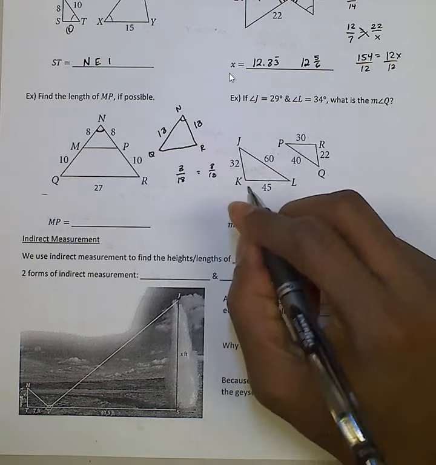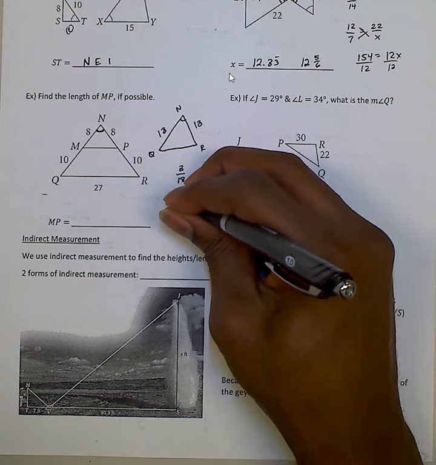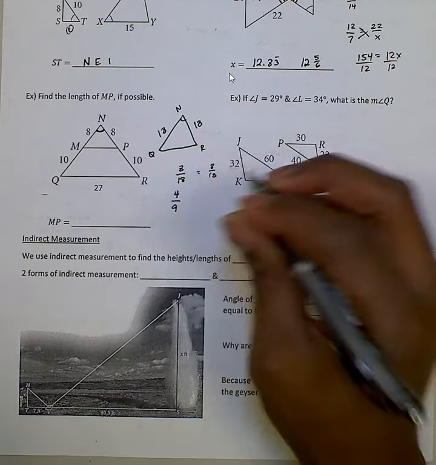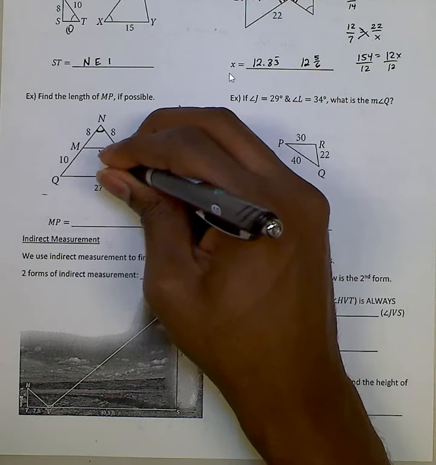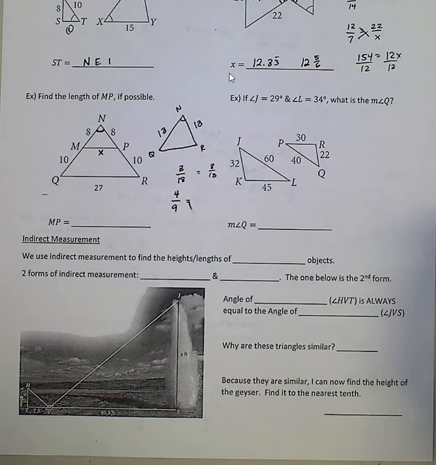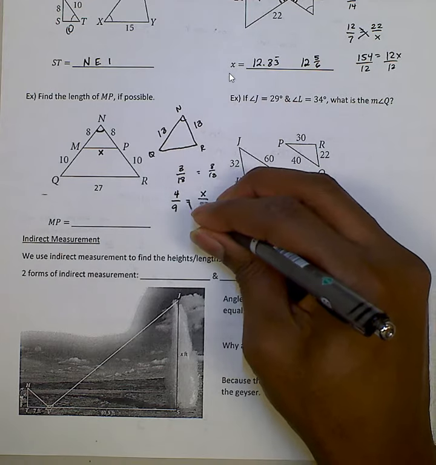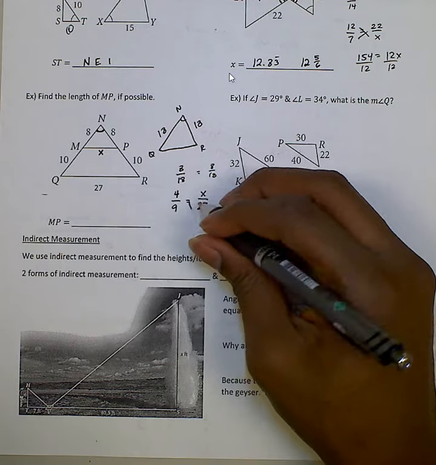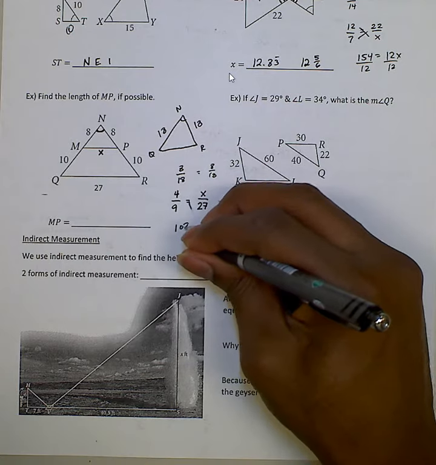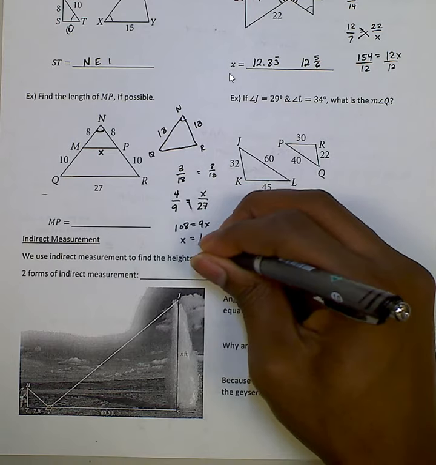And so now we can use this ratio, which I'll simplify to 4/9. We can use this 4/9 ratio to find x, I'll just mark this as x. We did the small x over the large 27. That is 108 equals 9x. And so x will equal 12.